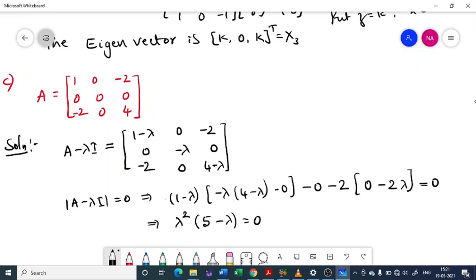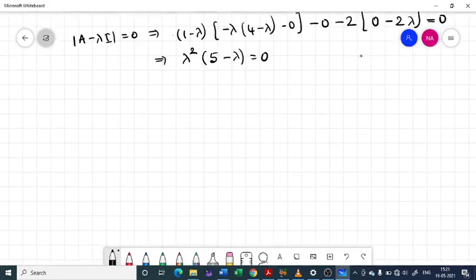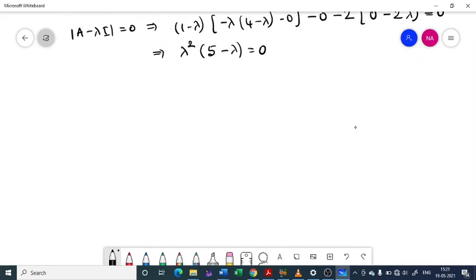Solving this we get the roots, so the eigenvalues are lambda equal to 0, 0, 5. See, lambda square you have, so 0 is a root of multiplicity 2.